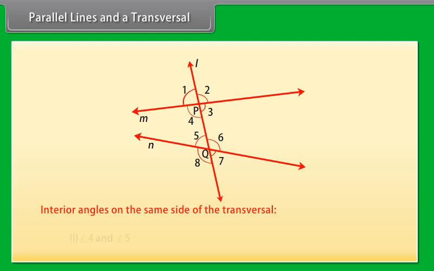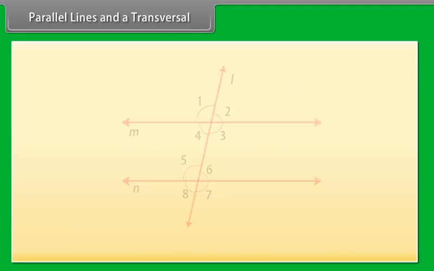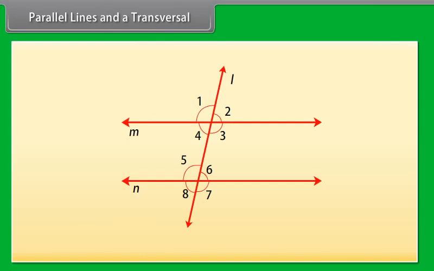These are angle 4 and angle 5, angle 3 and angle 6. Interior angles on the same side of the transversal are also referred to as consecutive interior angles or allied angles or co-interior angles. Now let us find out the relation between the angles in these pairs when line M is parallel to line N.